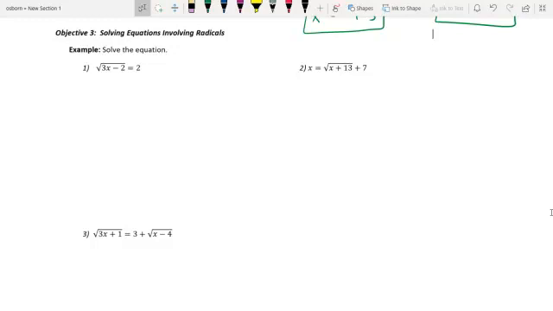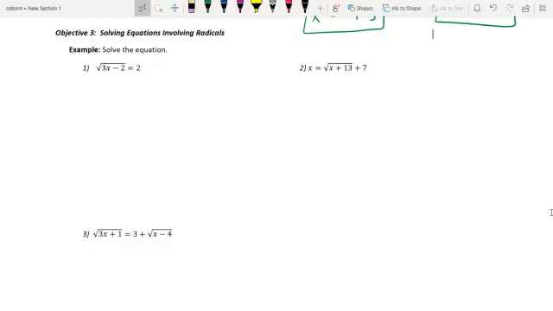Now, if I have multiple radicals, then I'm just isolating one of them so that it is by itself. And then I will square both sides so that I get rid of my radical. Now note that if you have two, you'll have to do this process twice so that you can get rid of both radicals. And I'll show you an example of that on question 3 from this next example.